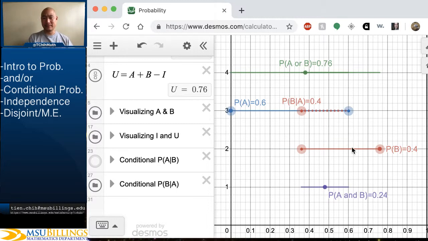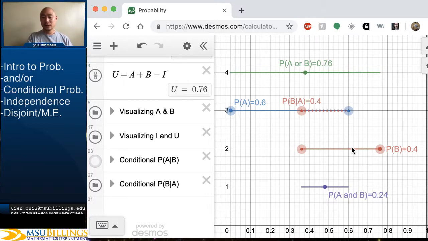So it makes no difference, does it? Whether or not you ate seafood or not, you're going to get sick 40% of the time, no matter what. And since it doesn't make a difference, that's what makes these two events, in this case, independent.